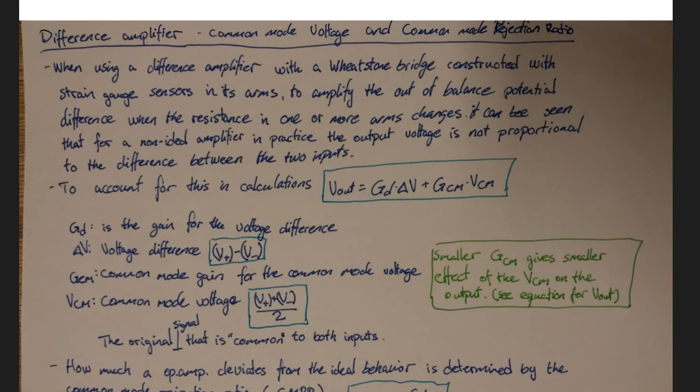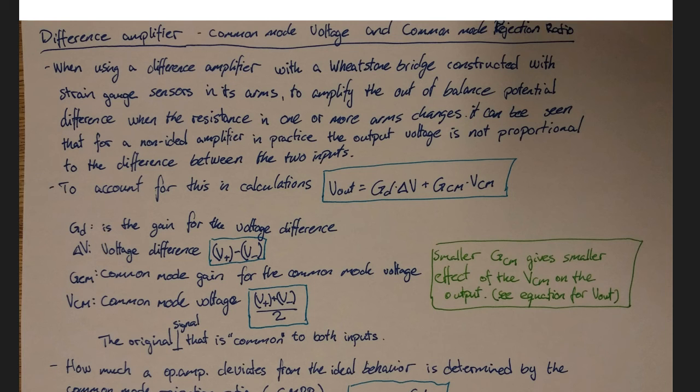When we use a difference amplifier with, for example, a Wheatstone bridge that is constructed with strain gauge sensors in its arms, to amplify the out of balance potential difference when the resistance in one or more of the arms changes, it can be seen that for a non-ideal amplifier in practice, the output voltage is not proportional to the difference between the two inputs.